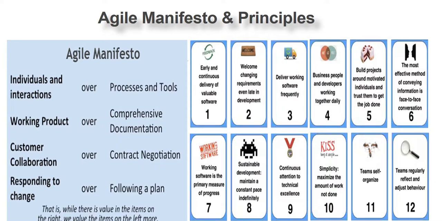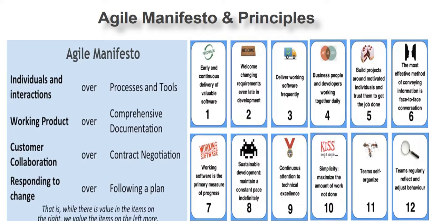And if you deviate from either of these points, that is where things can go wrong. This is what I emphasize in my sessions to my participants too. Agile is all about the manifesto and principles. So let's talk about the Agile Manifesto and principles.